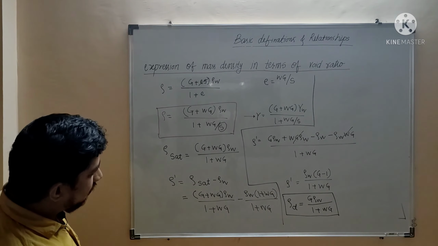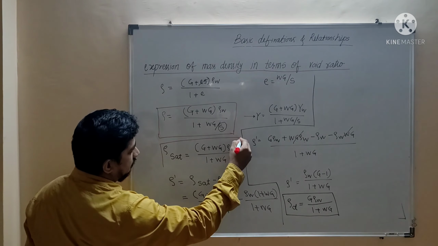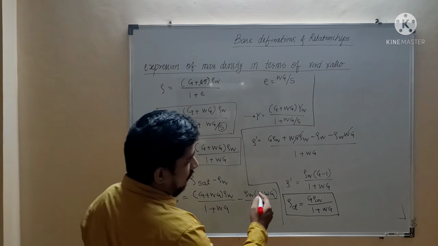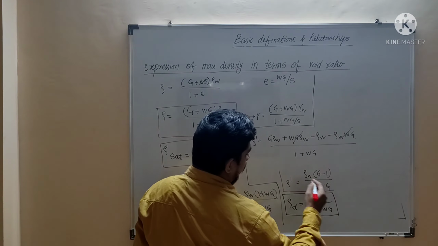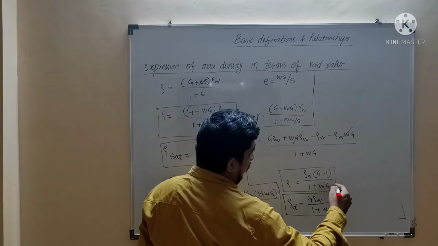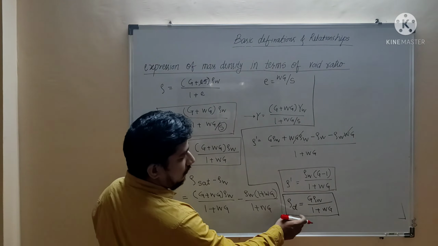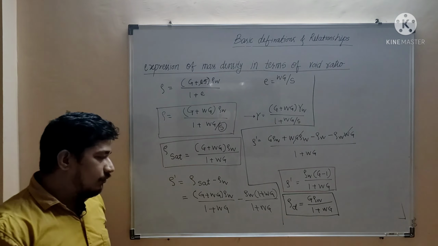For rho saturated we got this formula. For submerged mass density we got this formula. And for dry density we got G into rho w divided by 1 plus wG.